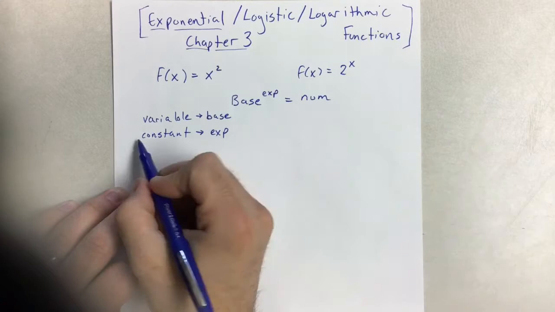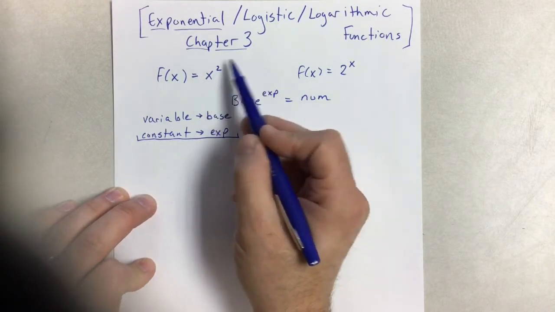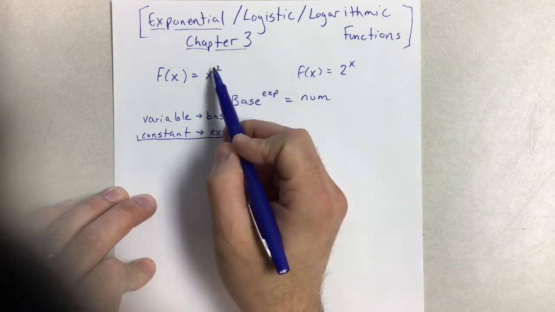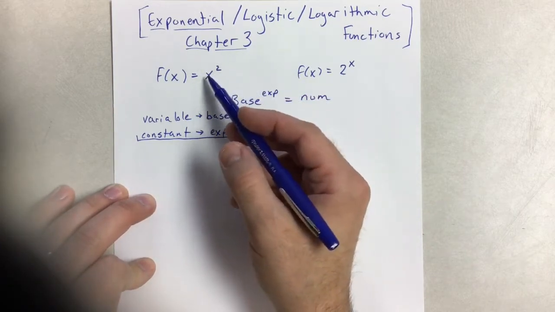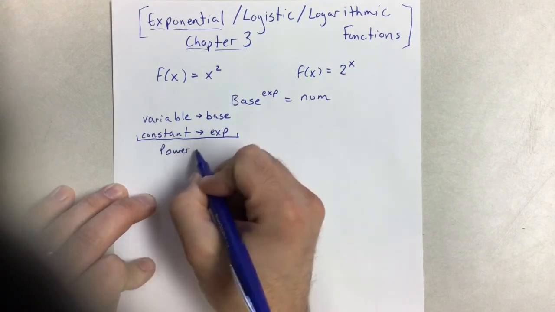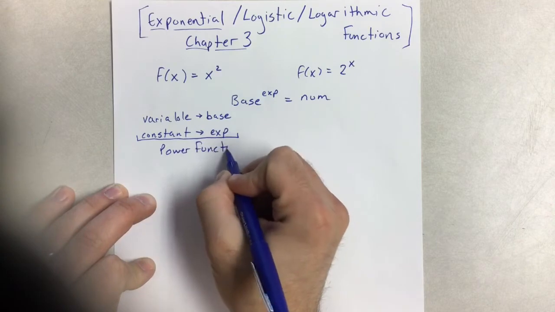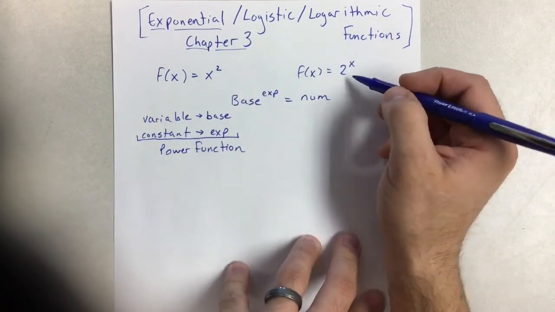Okay? So when we string pieces like this together, we call it a polynomial. But when it's just a single term, x squared, x to the power of 5, 5x cubed, we call these power functions.